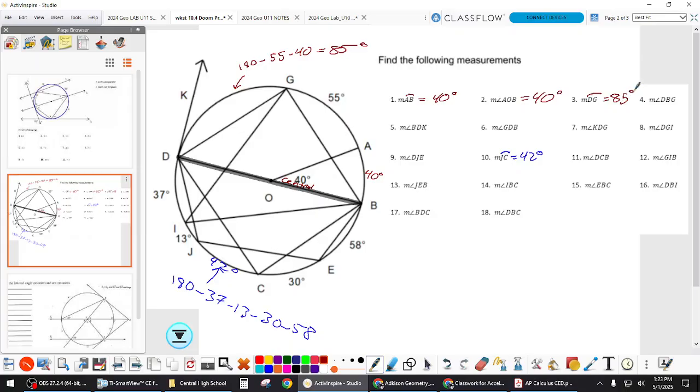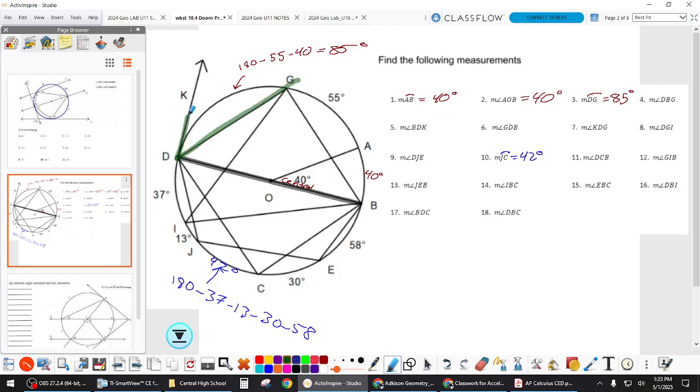Okay, so now we have all the arcs figured out. So now you start looking for angles, either inscribed, maybe they're secant, maybe they're central, depending on the problem. You start looking for things that intercept these arcs that we have. Okay, so here's one. Actually, let's do colors.